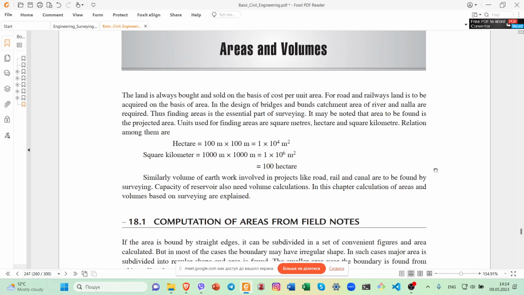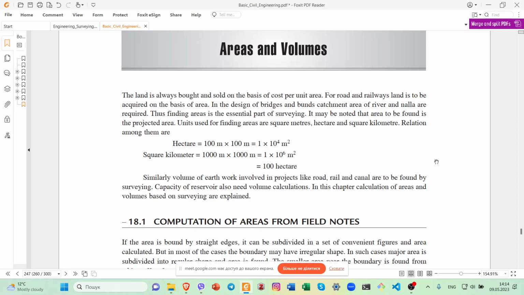For roads and railways, land is to be acquired on the basis of area. In the design of bridges and bunds, catchment area of river and nala are required. Thus, finding areas is an essential part of surveying.